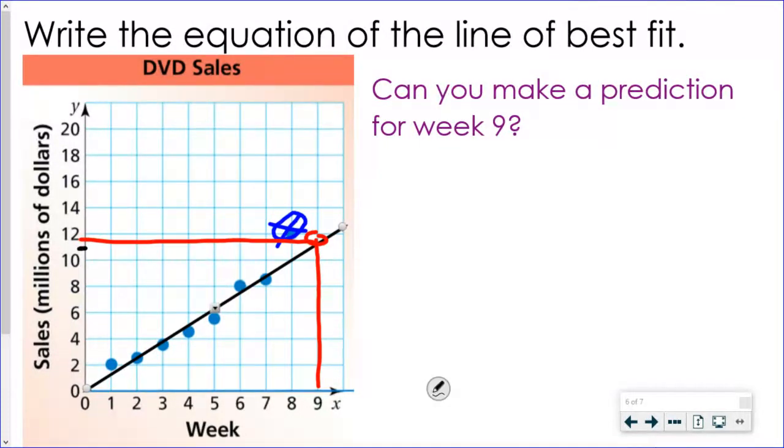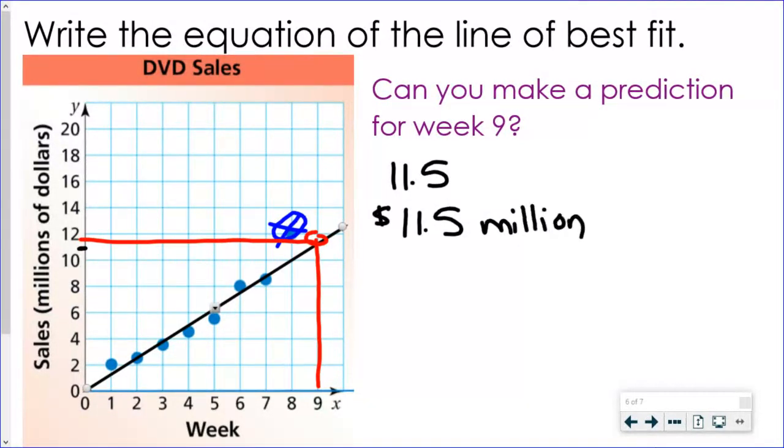So I would say 11.5 would be my y, and that means millions of dollars. So 11.5 million dollars. That's my estimate just based off of my line of fit. I'm just saying at week 9, I go up and over after I drew the line of best fit.